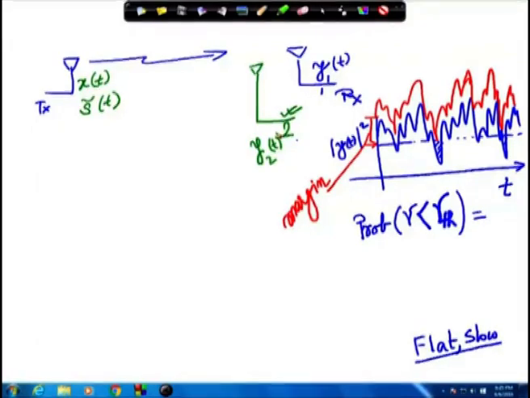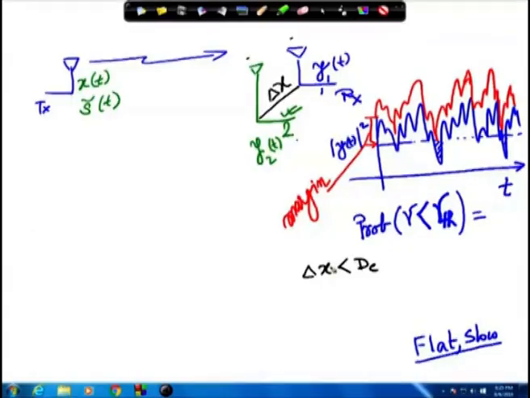And if this distance of separation is, let us say, delta x, what we have studied when we studied the channel in the spatial domain is that if delta x is less than the coherence distance, then the signals received in both antennas are correlated, whereas if this distance is greater than the coherence distance, they are uncorrelated.